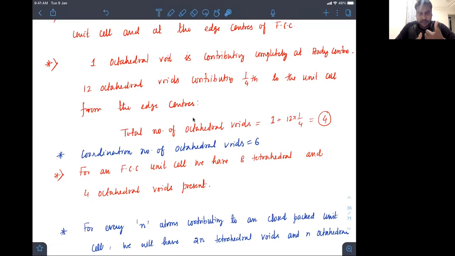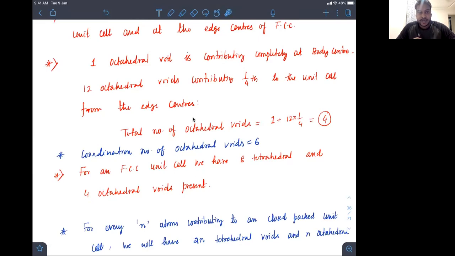We will get tetrahedral voids and octahedral voids. In FCC, which is formed by ABC, ABC type of packing, here also we will have 2 types of voids only. One is tetrahedral void, the other one is octahedral void. Tetrahedral voids are 8 in number, and octahedral voids are 4 per unit cell.